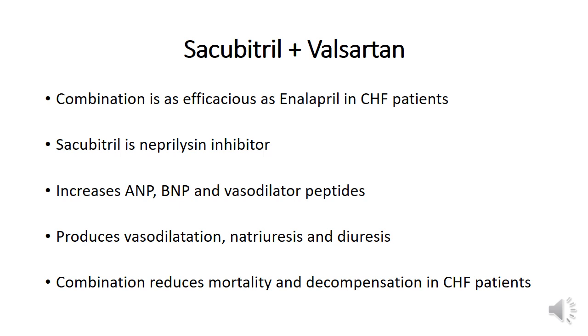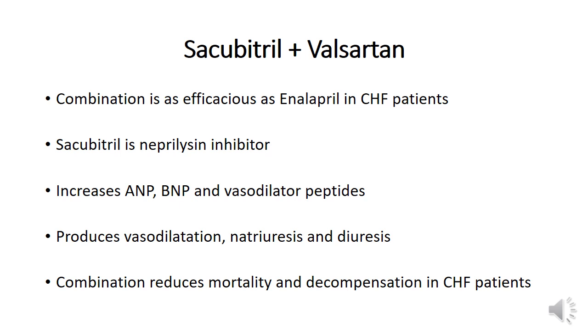Now, sacubitril is a neprilysin inhibitor. Atrial natriuretic peptide, brain natriuretic peptide, and vasodilator peptides are substrates for neprilysin, and when neprilysin is inhibited, all these substances will accumulate, giving rise to natriuresis, diuresis, and vasodilatation.